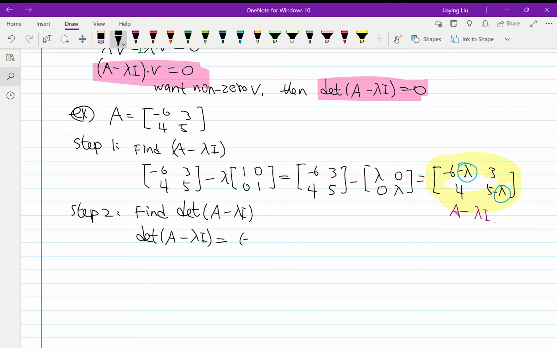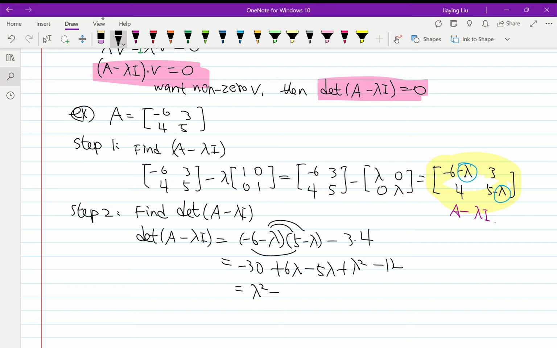So that's (-6 minus lambda) times (5 minus lambda) minus 3 times 4. Expand the product and then simplify. We should end up with negative 30 plus 6 lambda minus 5 lambda plus lambda squared minus 12. So we end up with lambda squared plus lambda minus 42.